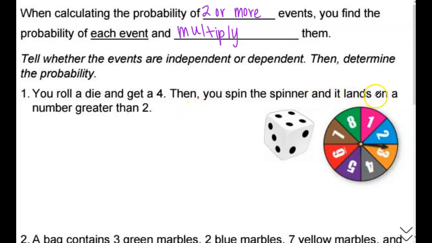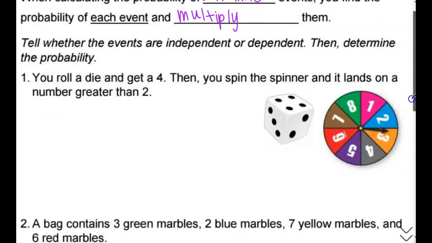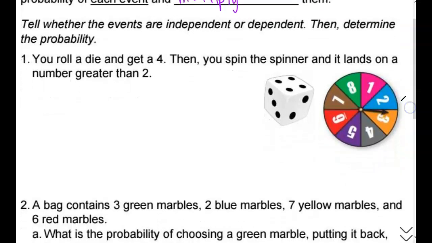So here's an example. Number 1, you roll a die and get a 4. Then you spin the spinner and it lands on a number greater than 2. Is that independent or dependent? Independent. The die and the spinner are separate events that do not depend on each other, right?